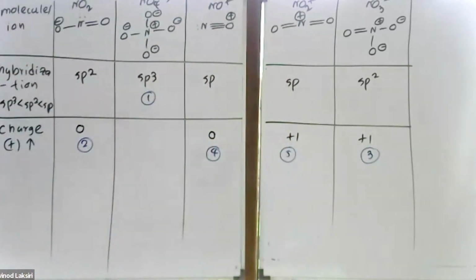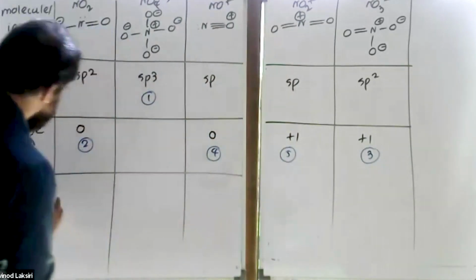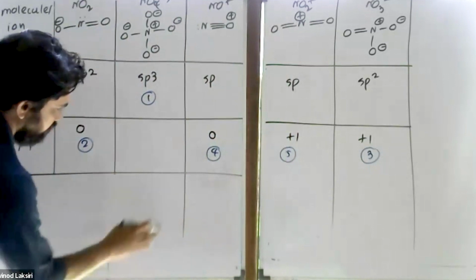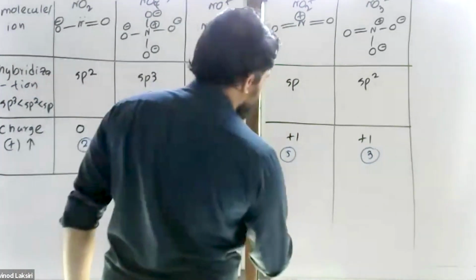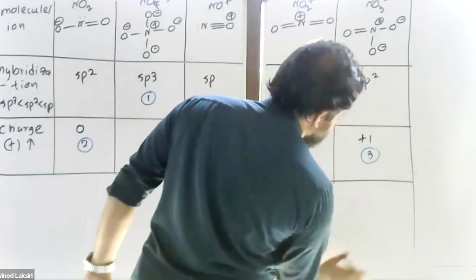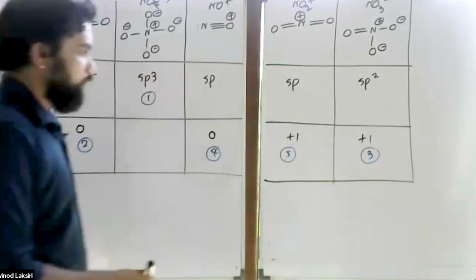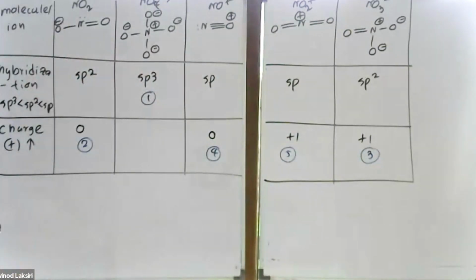If charge is the same, and here there is no same charge case, then you have to consider the oxidation state. If the oxidation state is the same, you have to consider the electronegativity of the bonded atom. Then we can write down the answer.